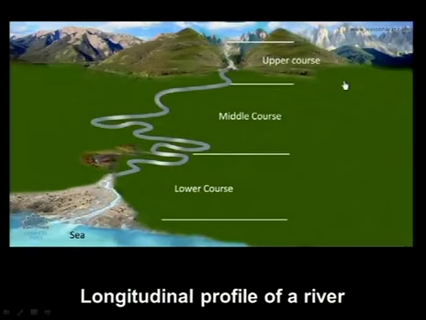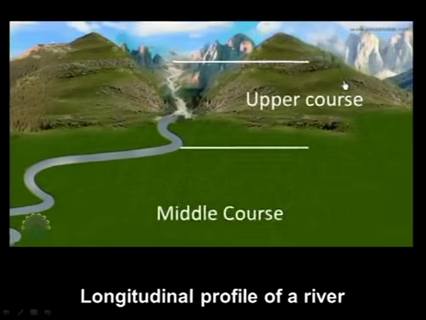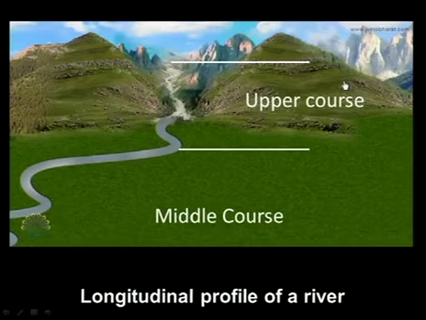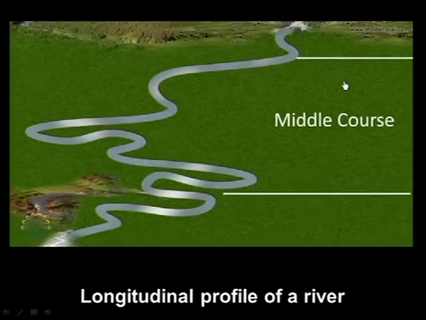Of a river comprises of three distinct parts. First is the upper or the mountain course where the river originates. Here, the velocity of the water is faster due to the steep gradient. The floor of the valley is narrow and the valleys are V-shaped. Second is the middle or the valley course where floors are wider and the sides of the valley are more gently sloping.